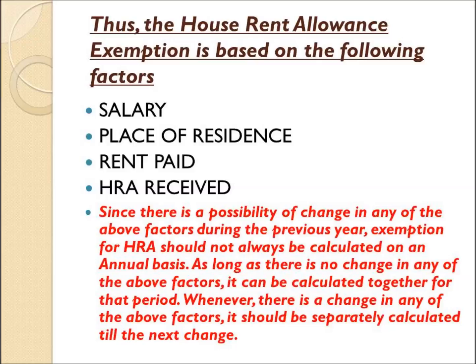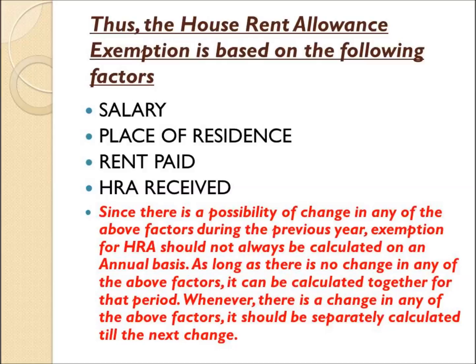As I've discussed in the previous slide, it is calculated for a relevant period and not on an annual basis, just because it may happen that the above factors determining the exemption of HRA may change during a financial year. So as long as there is no change in any of the above factors, it can be calculated together for that period.